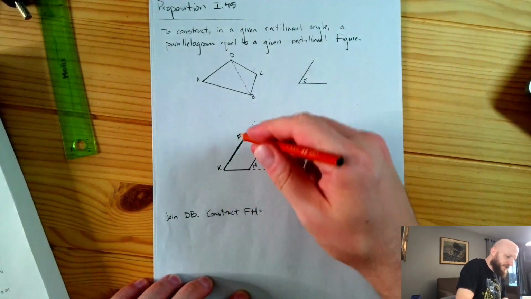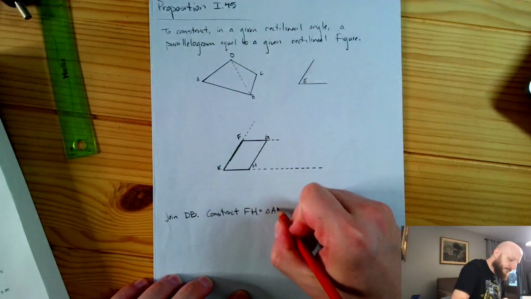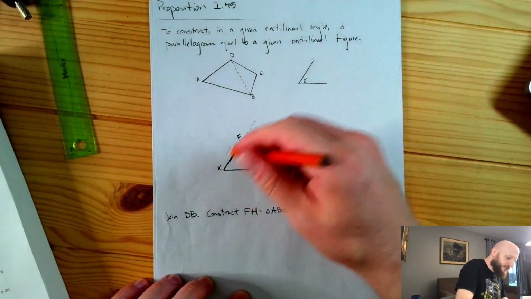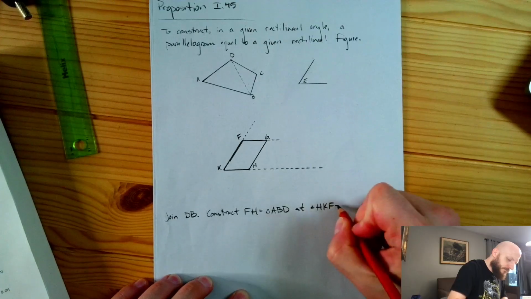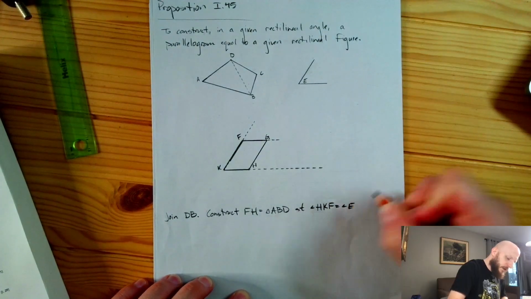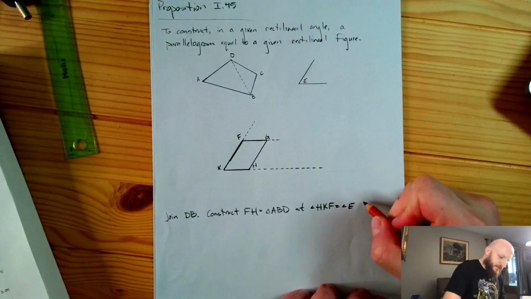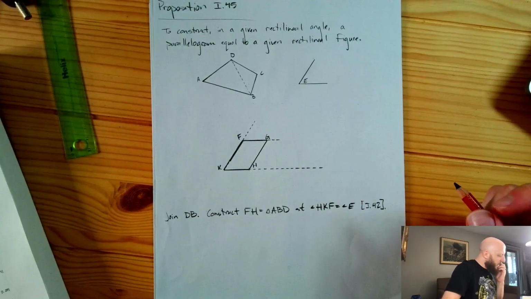So FH is equal to triangle ABD, such that angle HKF is equal to angle E. And we have a proposition, Prop 42, that allows us to do that. Okay.